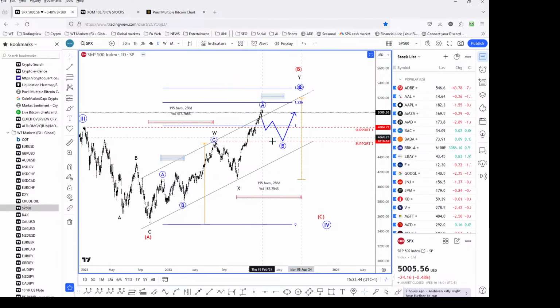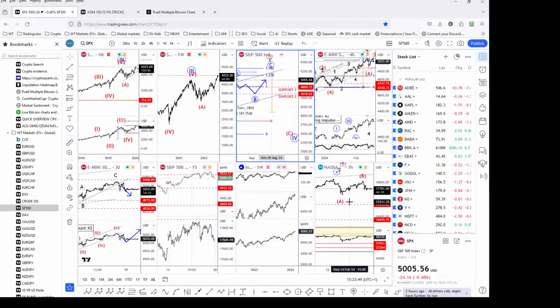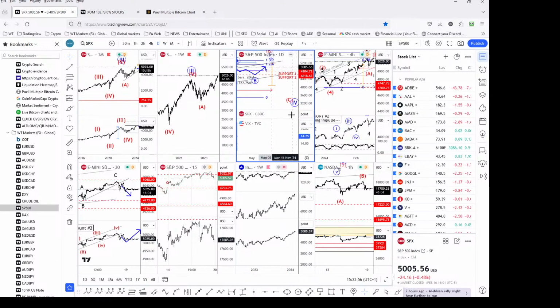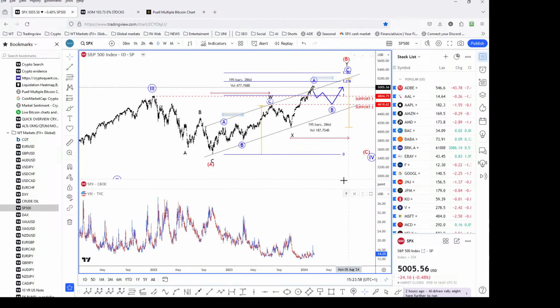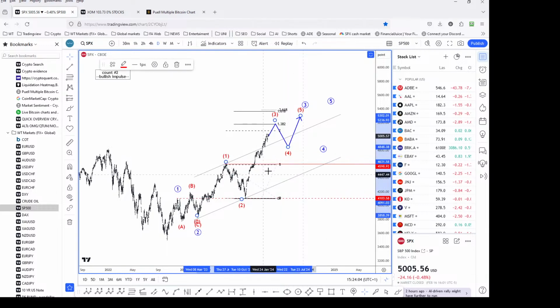So it means that that's still ongoing complex recovery as part of a higher degree wave B. Or the next pullback will be a wave 4 if we do not make that overlap.